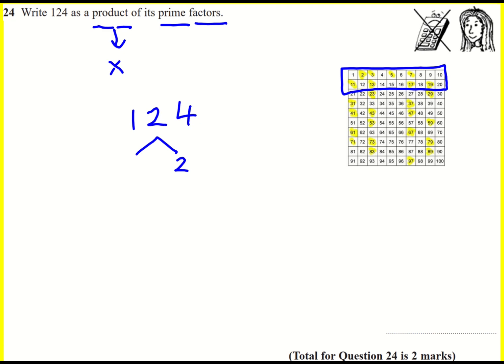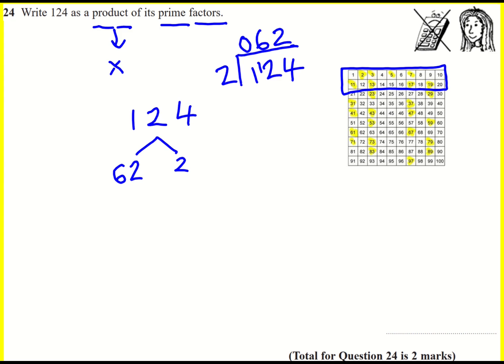Now, what do I multiply 2 by to get to 124? Well, if you can't do this in your head, you can just do a little bus stop. 2's into 124, well, 2's into 1 don't go. 2's into 12 go 6 times, and 2's into 4 go twice. So here, the opposite number is 62.